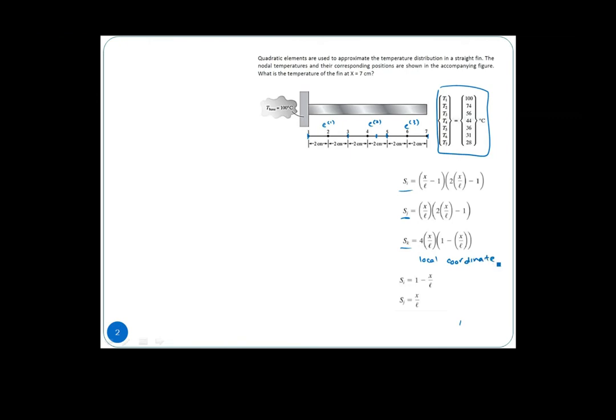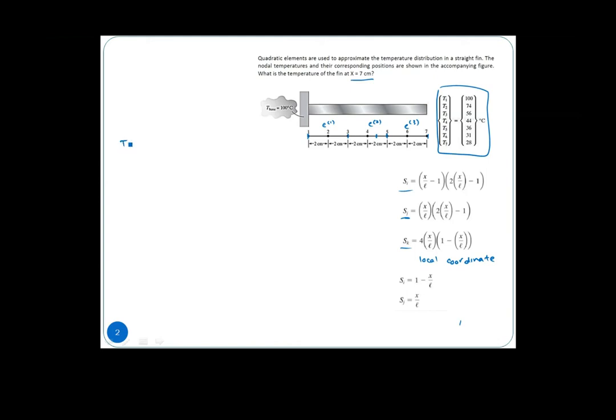So we need to determine our x and L basically. The temperature at x equal to 7 cm, which is in global, in local happens at element number 2.